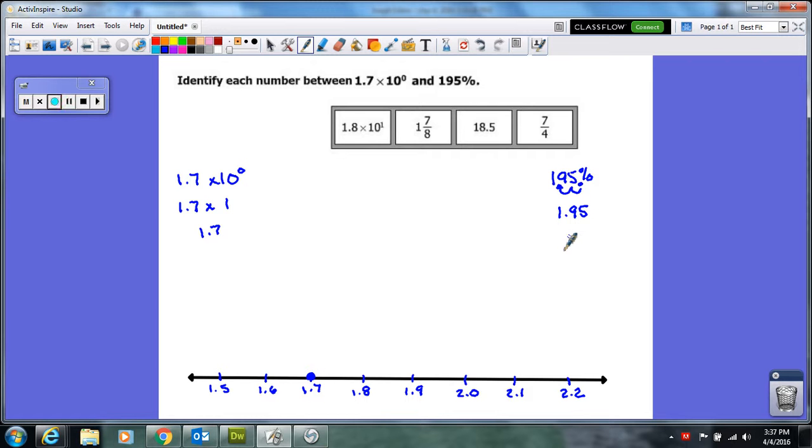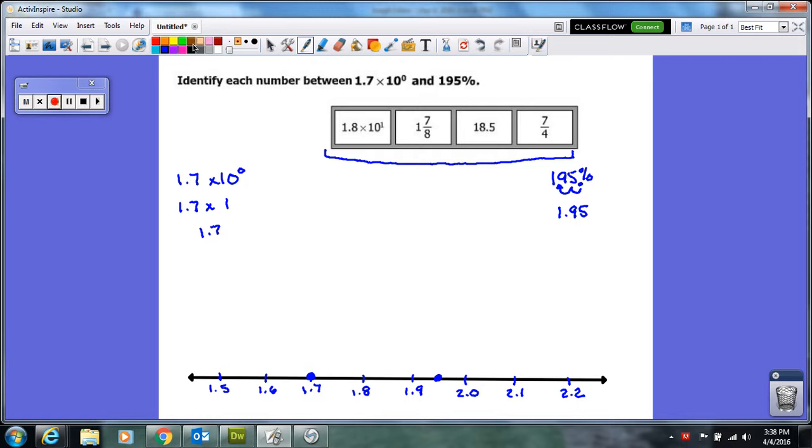And 1.95, well, that's a little bit more than 1.9, but not quite 2.0. So it's somewhere between here. I'll put a dot here to represent 1.95. So what we're trying to determine is which one of these values falls between 1.7 and 1.95, or 1.7 times 10 to the 0 power and 195%.